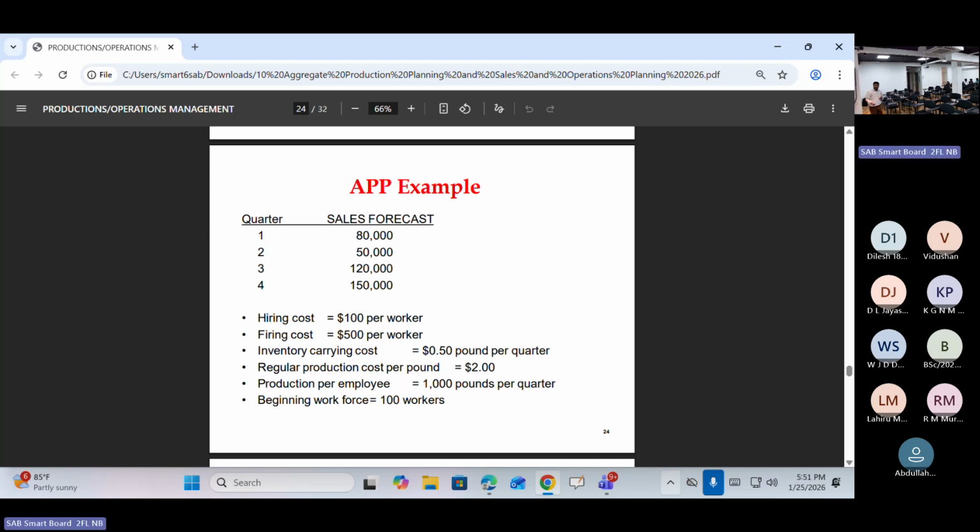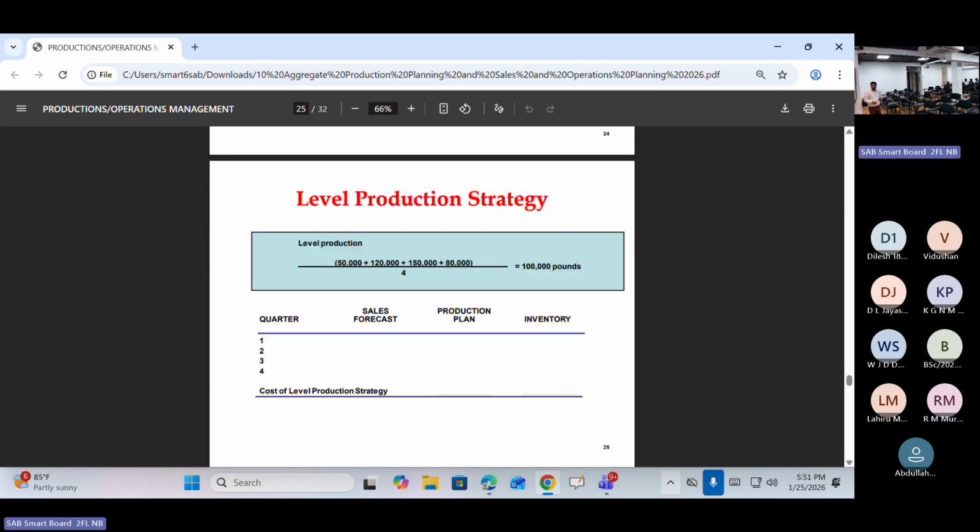We add all 4 together and divide by 4, that resulted in 100,000 pounds per quarter. Add all the demands together, divided by number of periods, in this case 4 quarters. So we get per quarter average demand.